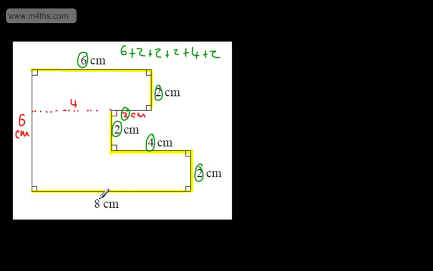Then we're going to have plus 8 and plus 6. So just adding these up, that's going to give me 10, 12, 16, 18, 26. So the perimeter is going to be 32 centimetres. So with this one, make sure you're finding the missing lengths and going from there.